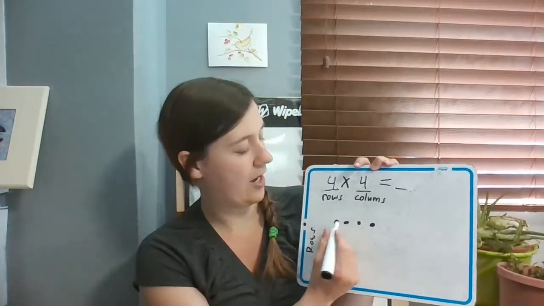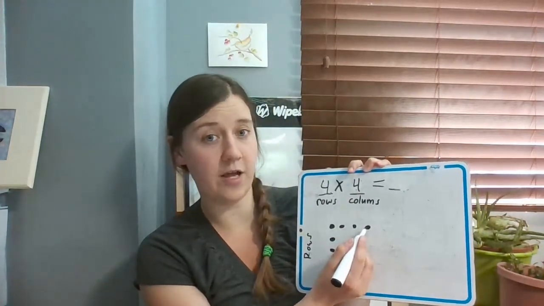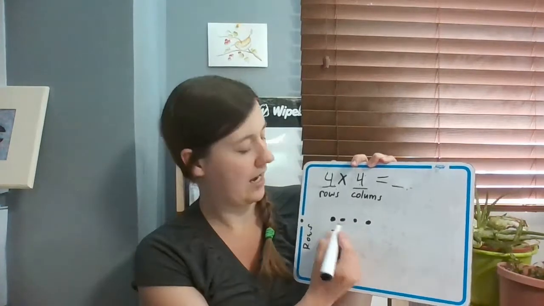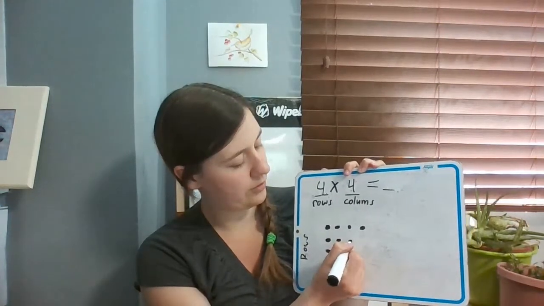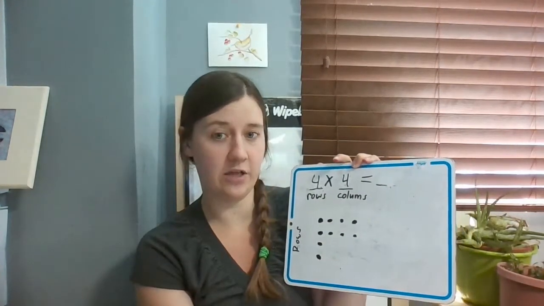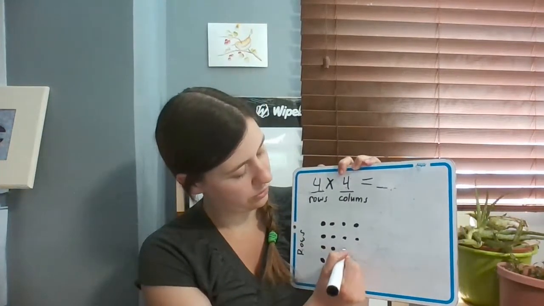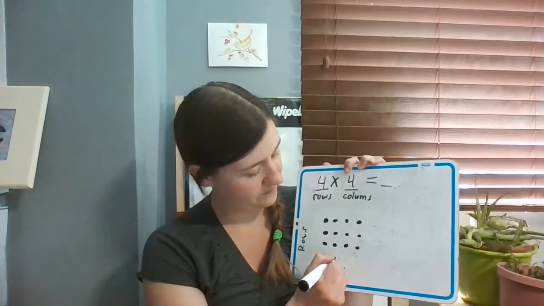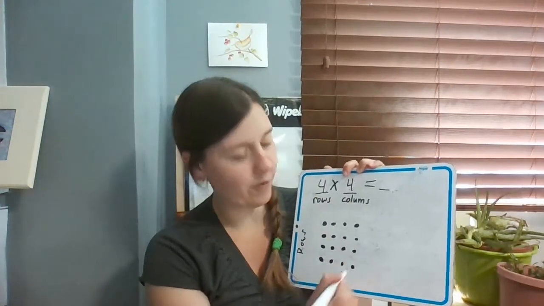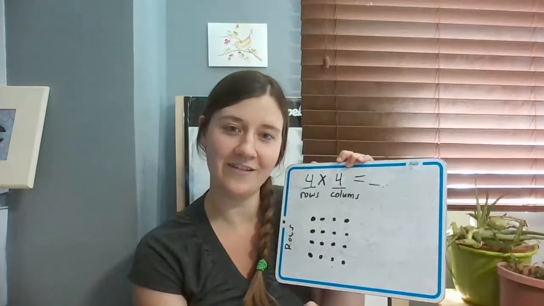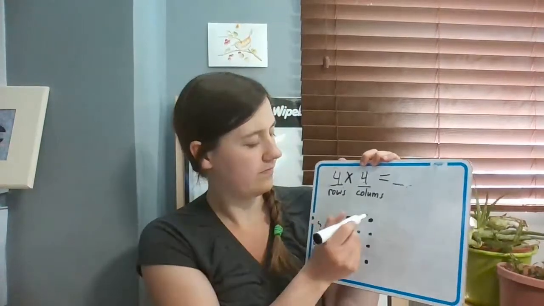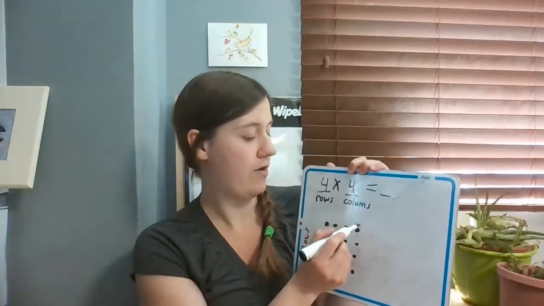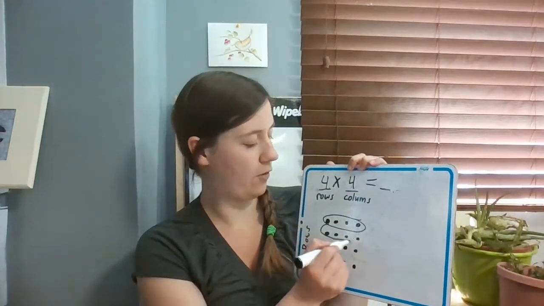So beside this dot, if I have 1, 2, 3, 4 dots beside each other, I need 1, 2, 3, 4 dots beside each other there, 1, 2, 3, 4 dots beside each other there, and 1, 2, 3, 4 dots beside each other there. Now let's count by fours. It's hard, but we know 4 plus 4 is 8.